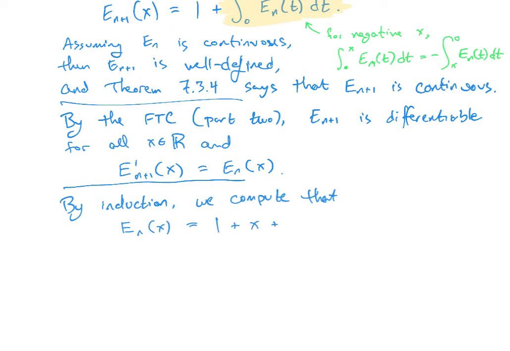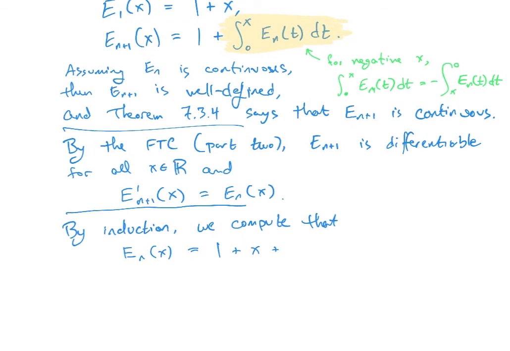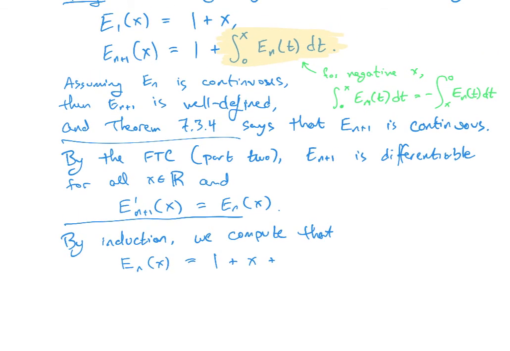You just think, when you go to integrate 1 plus x, here, let me throw in the definition. When you go to compute e sub 2, you get 1 plus the integral of 1 plus t. That would be t plus t squared over 2.